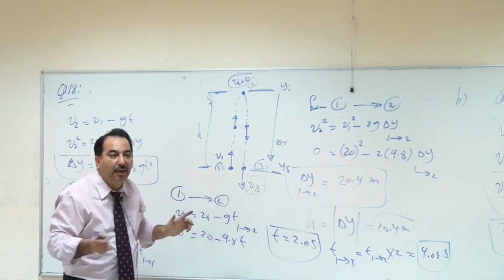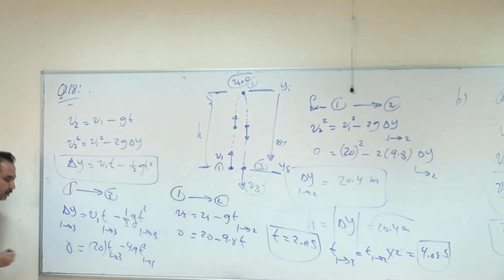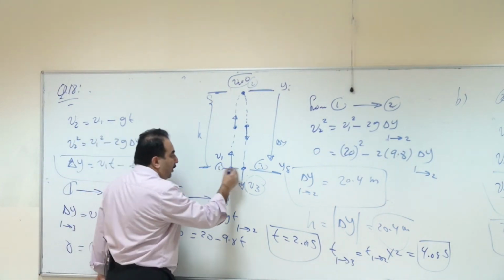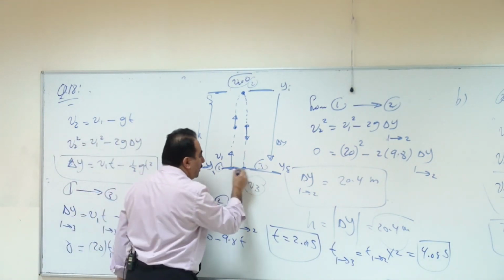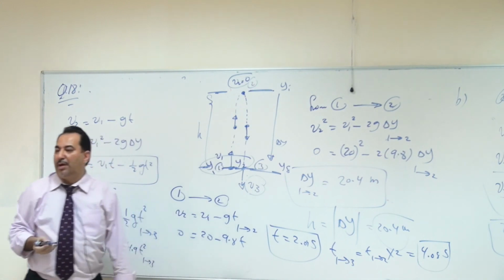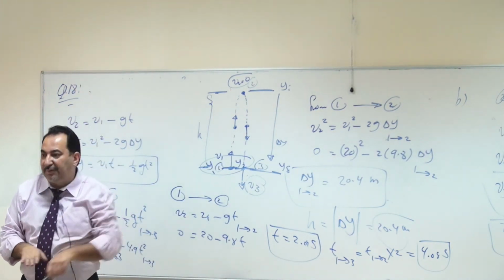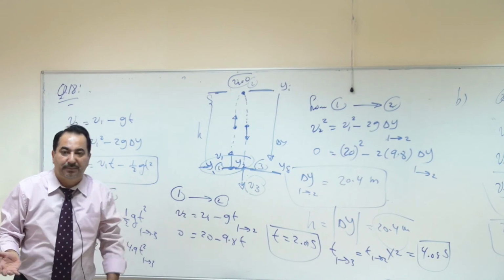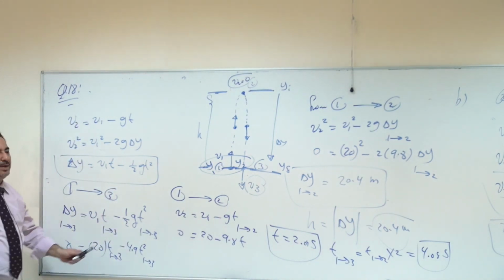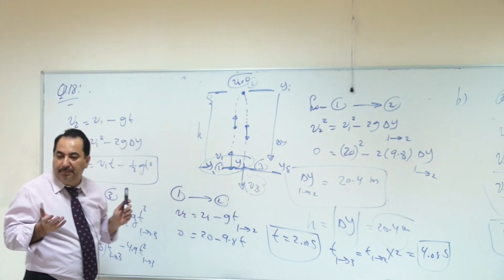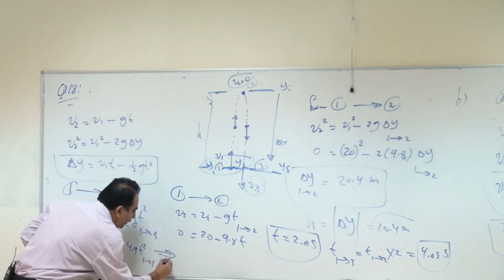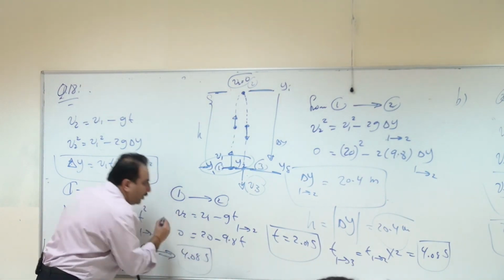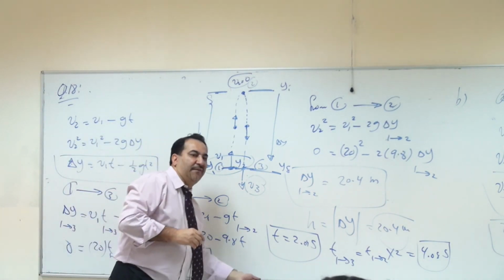Initial and final. So what do I put here? 0. This is initial y, y1. Where is y2? What's the difference between y1 and y2? It's like you went and came back to the same point. Displacement is 0. So when you put the displacement 0, you mean you're doing the calculation between 1 and 3. You solve this quadratic, it gives you the same answer, 4.08 seconds.